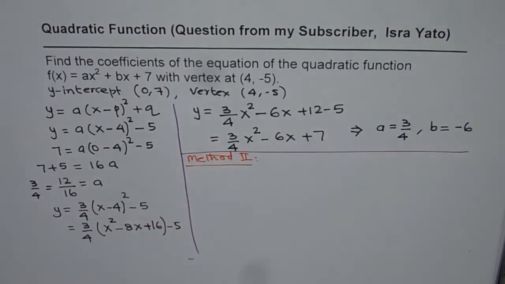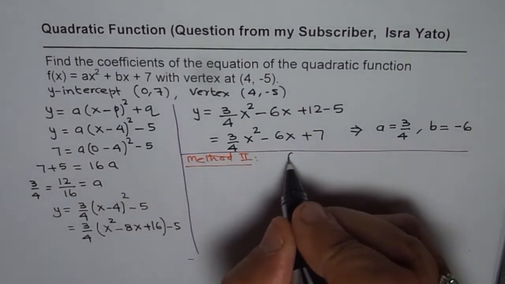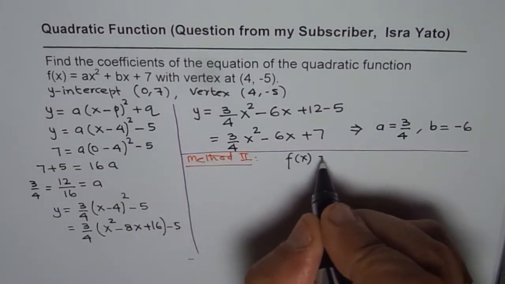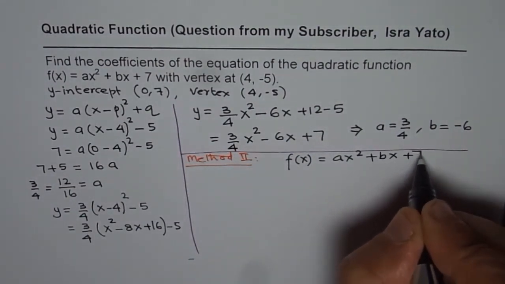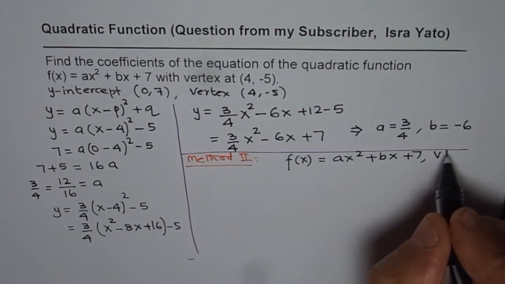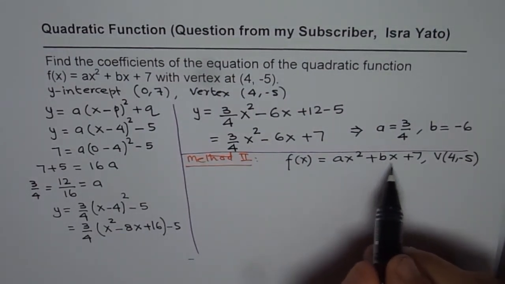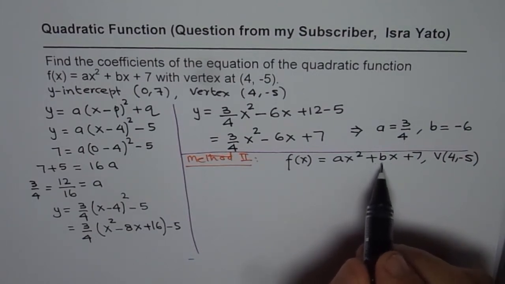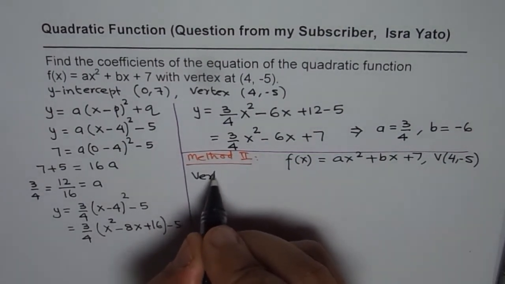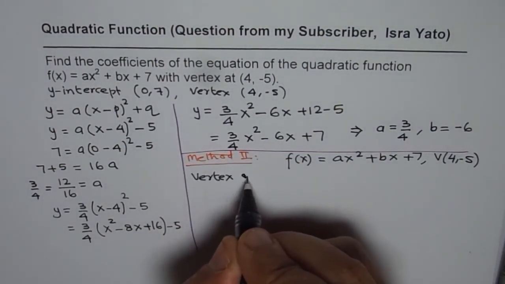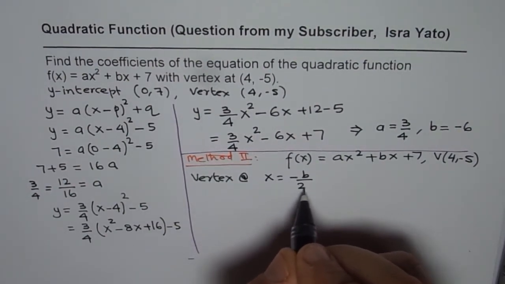Now I'm using the knowledge that for a quadratic function in standard form, in our case f of x equals ax squared plus bx plus 7, where the vertex is at (4, -5), the vertex is always at x equals minus b by 2a.